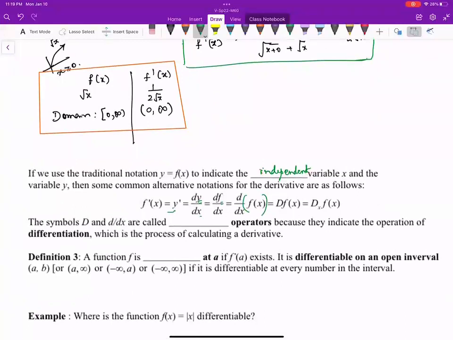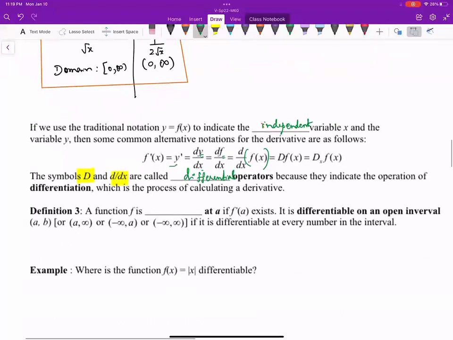The symbols D and d by dx are called differential operators because they indicate the operation of differentiation, which is the process of calculating a derivative.